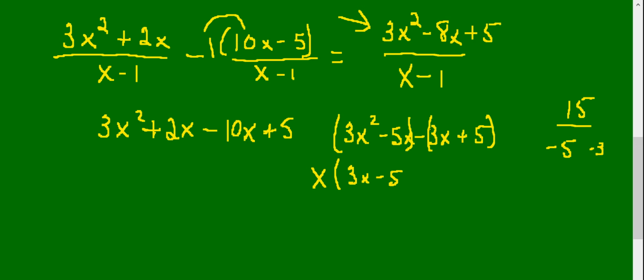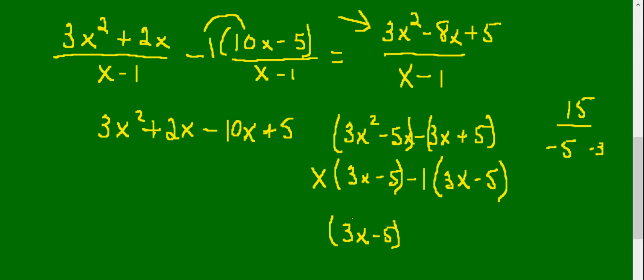And over here, I've got a minus 1, and a 3x minus 5 is here. All right, so here's my two binomials. Now I'm going to bring out the common binomial factor of 3x minus 5.